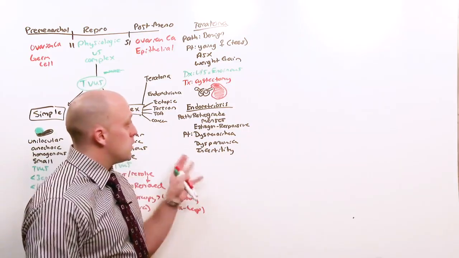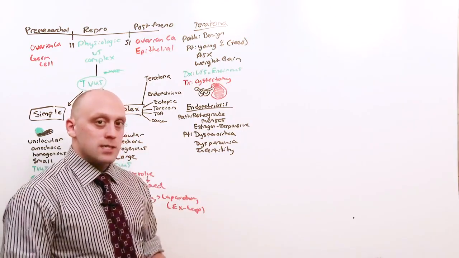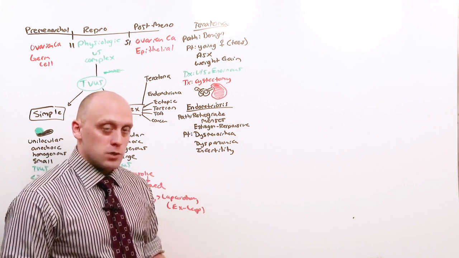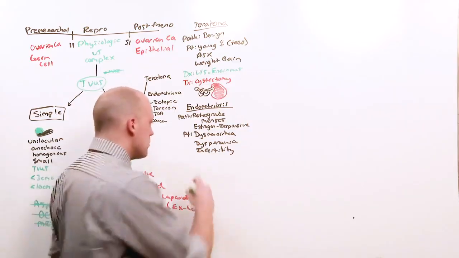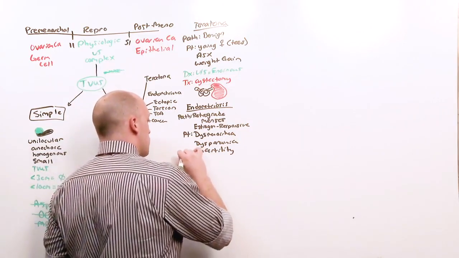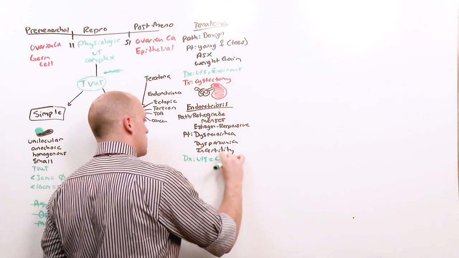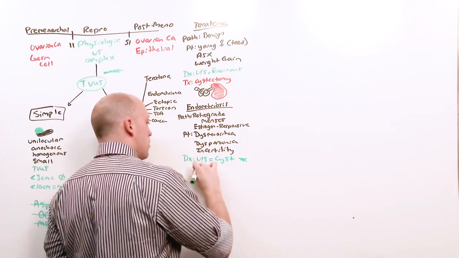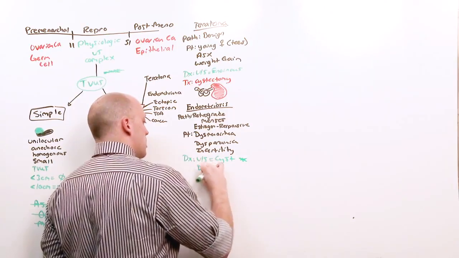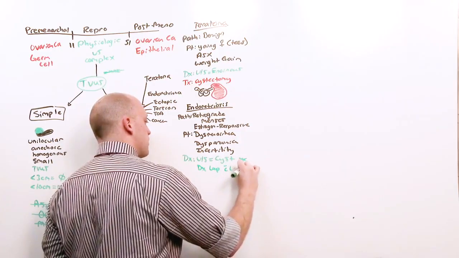You can have endometriosis without an endometrioma. So what I'm going to do next in the diagnosis and treatment portions is star the things that mean endometrioma. To diagnose endometrioma, you're going to get an ultrasound, and it's going to show you the cyst. The best diagnostic step for endometrioma is a diagnostic laparoscopy with laser ablation.